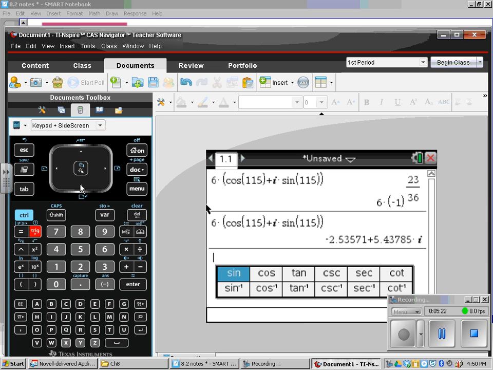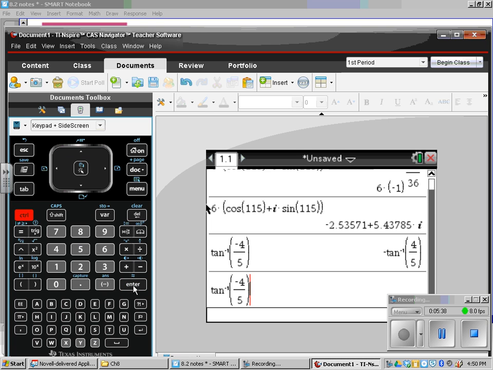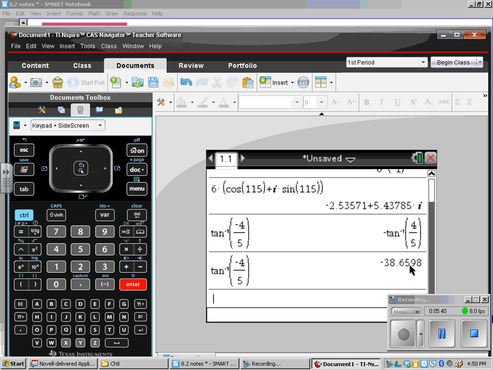So again, I'm in degree mode, so I'm going to get a degree answer, and I want tangent inverse of negative 4/5. Once again, let's approximate this, and I get what I expected, a negative angle here. Remember, I want an angle that's coterminal, that still terminates in quadrant 4 in the exact same place, but is positive.